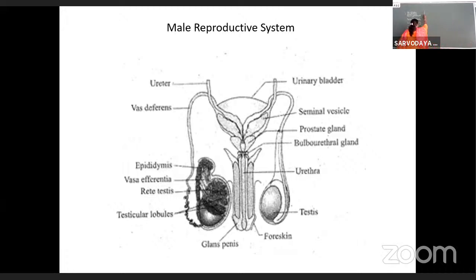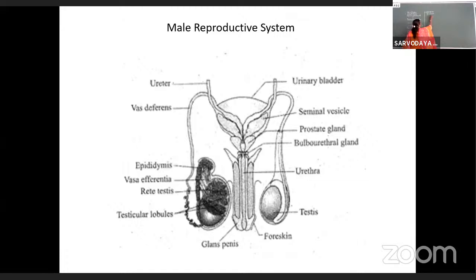Now, let us look into the outside. Outside the seminiferous tubule, I'm just going to abbreviate seminiferous tubule as ST. What do we observe outside the seminiferous tubule? We observe there is going to be a space.